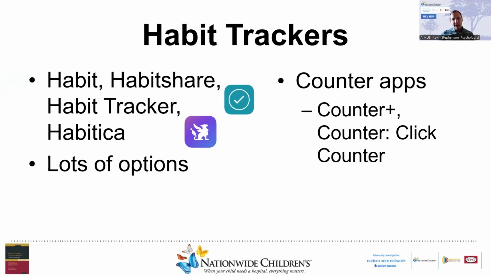We want to create good habits. Well, we can create good habits of the parenting practices that we do. We can help encourage our kids to develop helpful habits for different things. Maybe it would be good for them to track their good habits and they can see their progress along the way. So habit trackers is another family of apps that can be helpful.